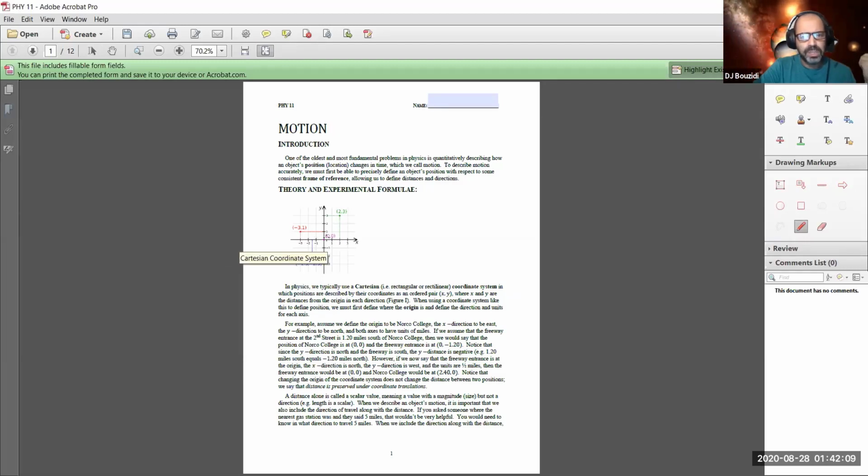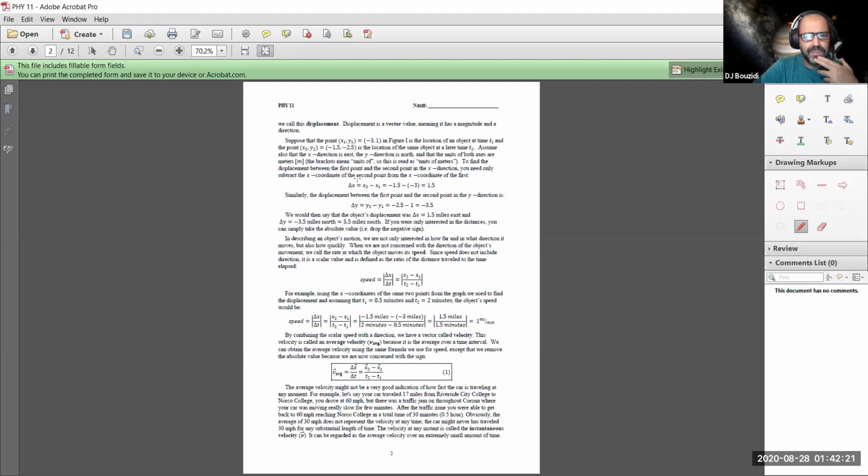And I have to go +1. That means I have to go 1 to find this point. And the same thing for the other 2 points in here, the green and the blue. So that's the Cartesian coordinate system, and we're going to use that to describe vectors. Because ultimately what we want to find is the speed and the velocity of an object. The rate at which the displacement is changing with respect to time is what we call velocity.